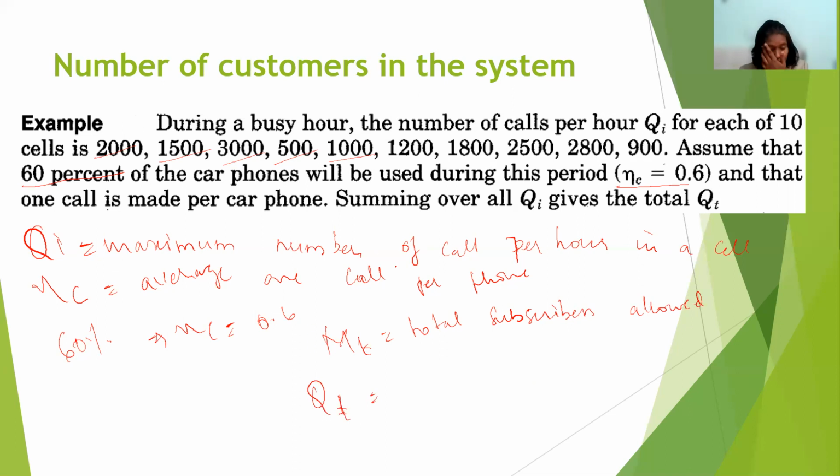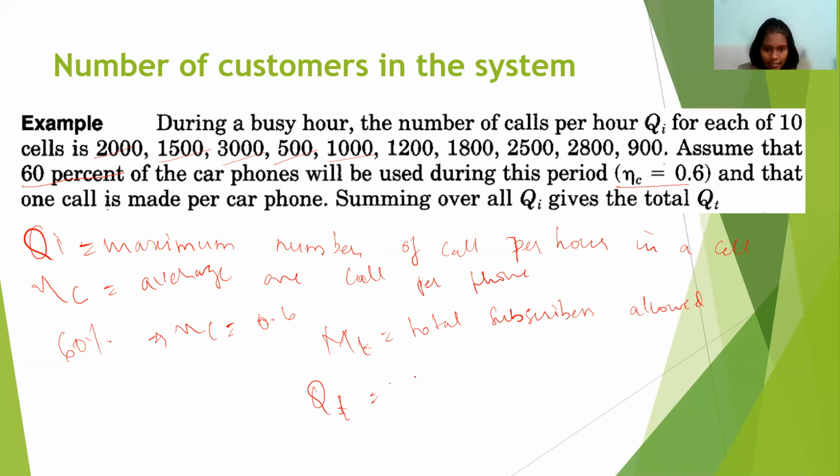QT is the whole thing. Here we are getting cell wise. For one cell, they are giving the Qi. First, we need to calculate QT. So how will we get the total calls? Summing over all Qi gives the total QT.